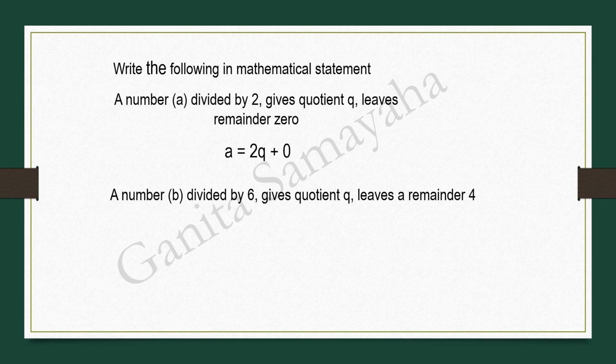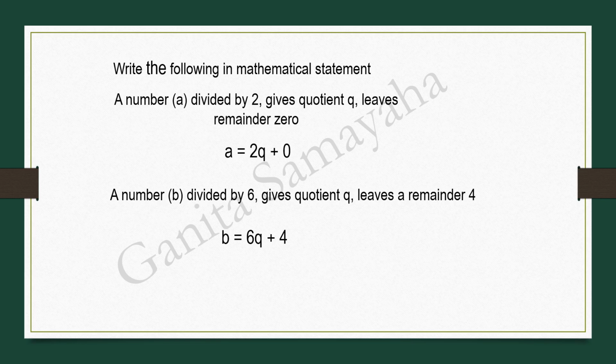So our number is B, divided by 6. That means our divisor is 6. What we call A is B and what we call B is 6. So B is equal to 6 into Q. Remainder R is 4. So we have B equal to 6Q plus 4.